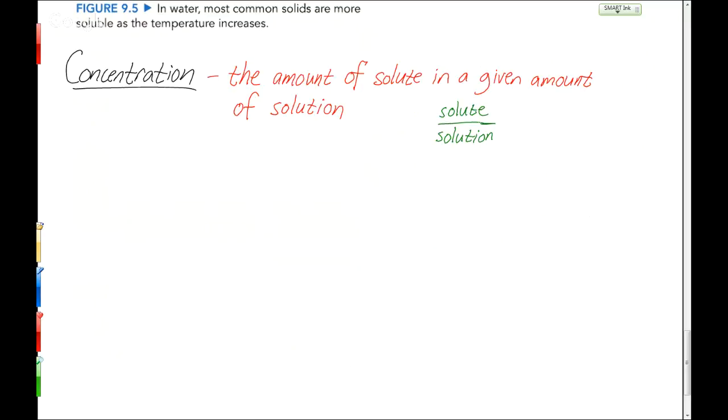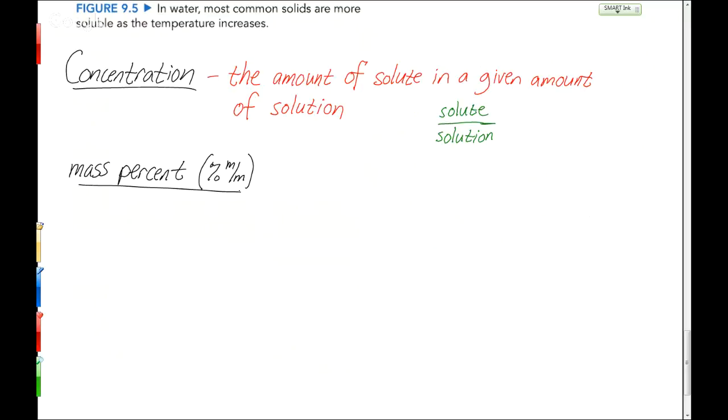We're going to look specifically at two types of concentrations here. First one is called mass percent, or percent by mass. It's written percent M over M. There's three types of percentages that are used in solutions.